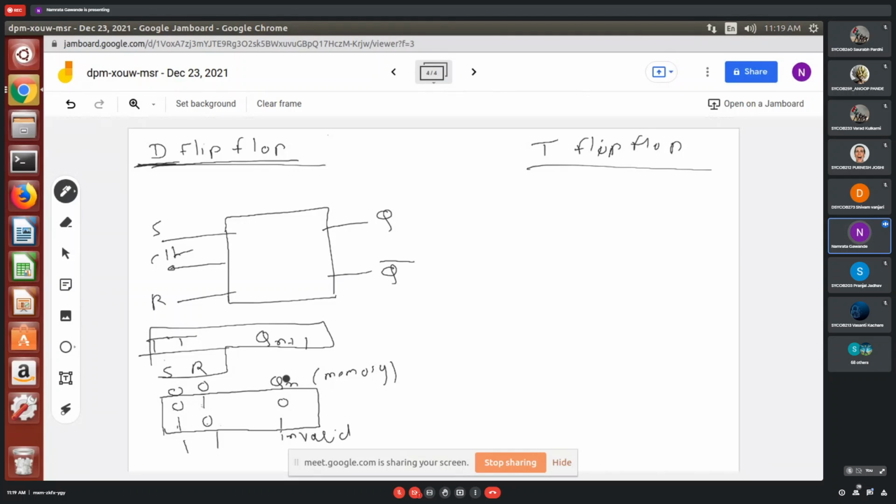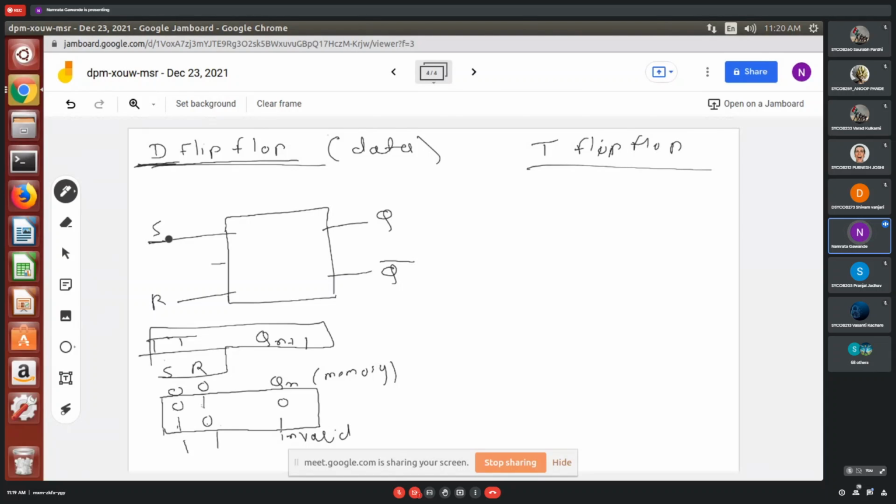That is, with a D flip-flop, we can provide only one input. So this is known as the data flip-flop.